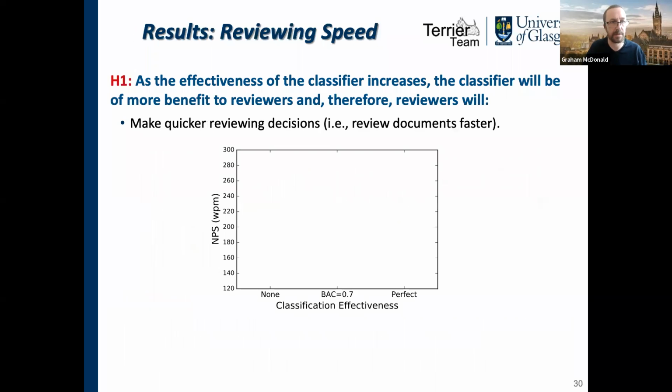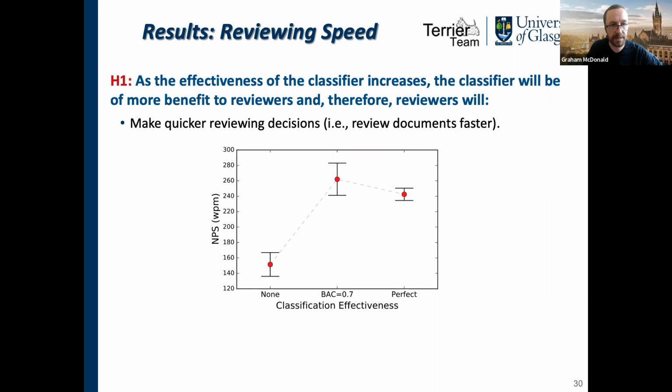make accurate decisions. The second thing we want to look at is how quickly they make their decisions. So here we see normalized processing speed for the 3 different classification treatments. Interestingly, back 0.7 results in markedly increased speed, I think it was a 72% increase to 260 words per minute.